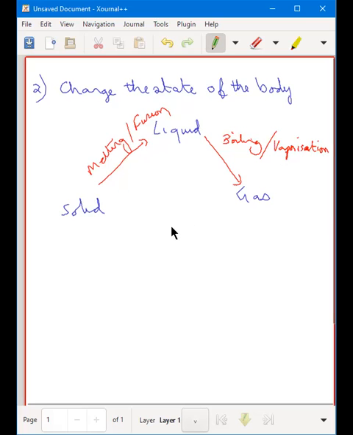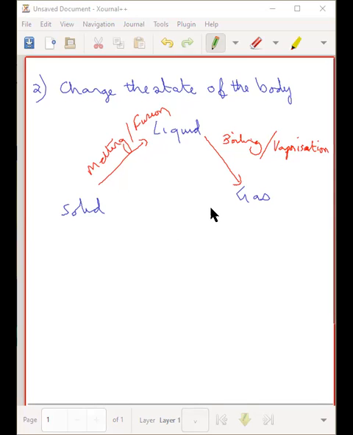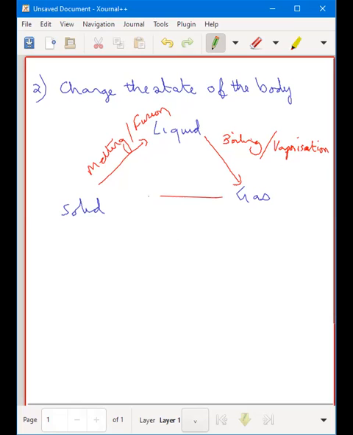Vaporization. Okay, just vaporization, right? Mahuri, from solid to gas. Sublimation. Correct, sublimation. So these are all changes which take place because of heating objects, right?